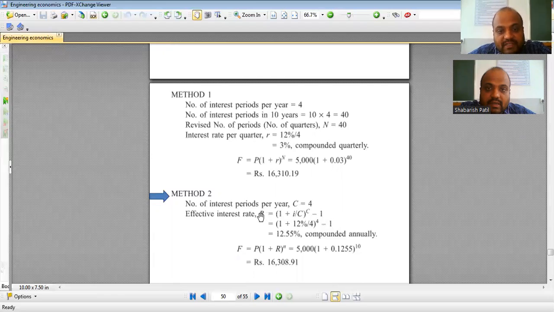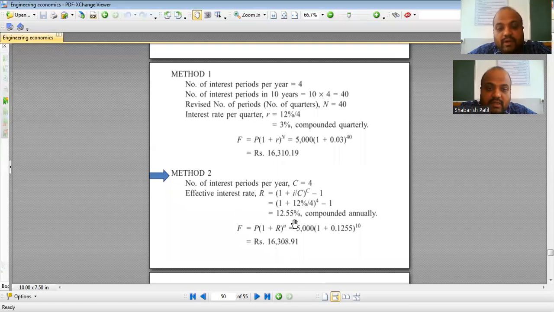Therefore, your effective interest, rather than taking it as R, take it as IE. Your IE is equal to (1 plus I by M) raised to M, minus 1. That is, 1 plus 12 divided by 4, raised to 4, minus 1. So that is 12.55% compounded annually. So it is not 12% if it is compounded quarterly.